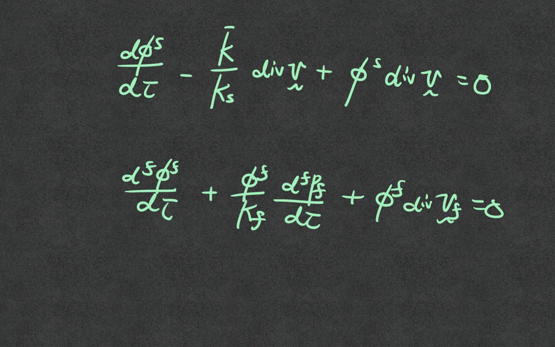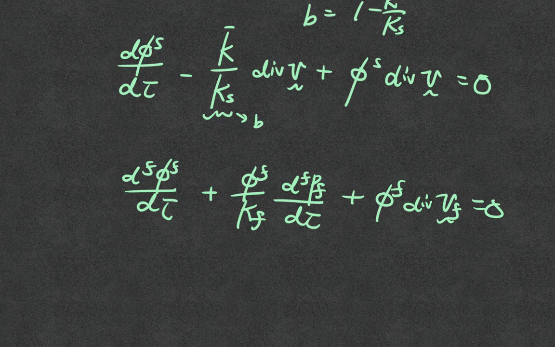Now, sometimes people write it as B, the whole term K divided by K_s. If you remember, Biot's coefficient is 1 minus K divided by K_s. So that's Biot's coefficient, which I will explain why.